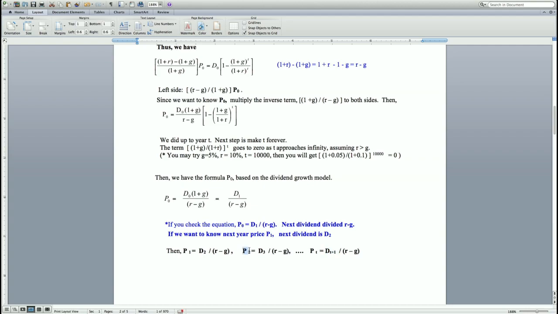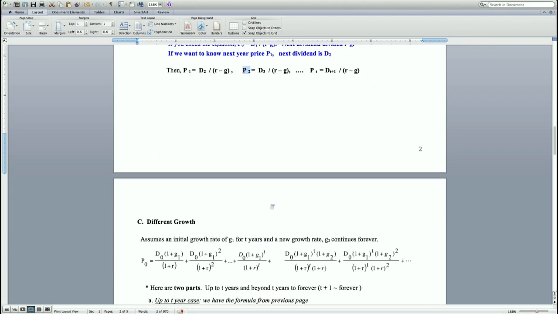The stock price in year 2 uses the next dividend in year 3, D3 over R minus G. So based on today's information, P0 equals D1 over R minus G, we can predict the price in year 1, year 2, and on.